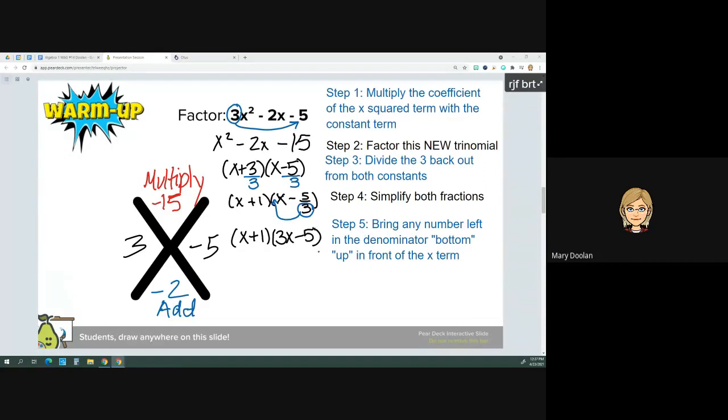This is one method of factoring a quadratic trinomial where your coefficient in front of the x term is not 1.